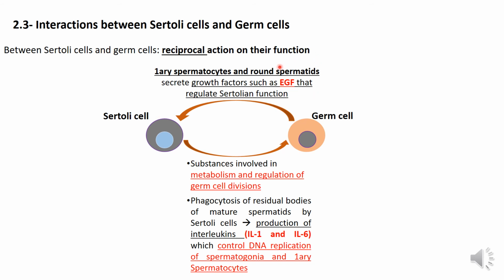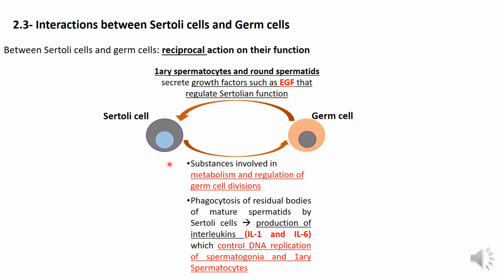In fact, the germ cells can produce some growth factors like EGF, the epithelial growth factor, which once produced by the germ cells can regulate the Sertoli cell function, so it can regulate many functions in the Sertoli cells. And also the Sertoli cells, as we have seen earlier, produce substances involved in the metabolism and the regulation of the germ cells division.